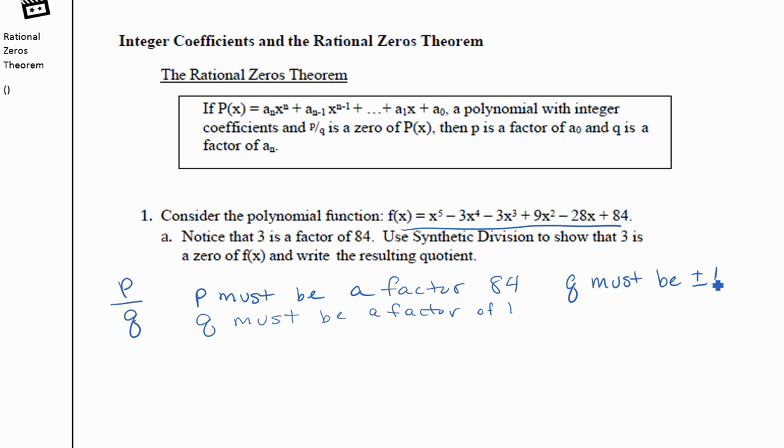Now, p must be a factor of 84, so we'd have to write all the factors of 84. Well, we'd have 1, 2, 3, 4, 5 doesn't, 6 would, 84 divided by 7, yep.